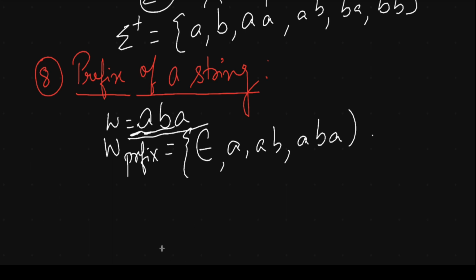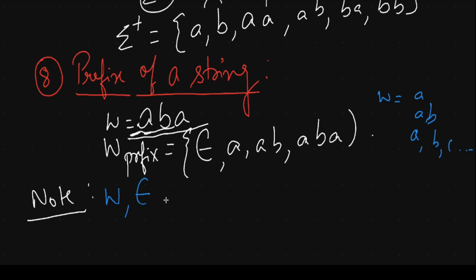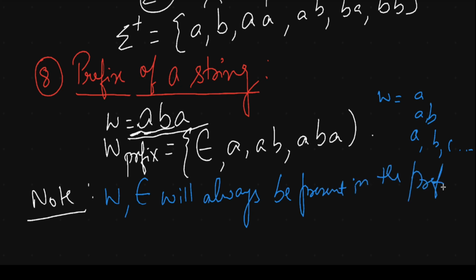So one important thing that we have to note here is that W, that is our input, whatever it can be, a or b or c, anything it can be, W and epsilon will always be present in the prefix of a string W. Okay, remember that.